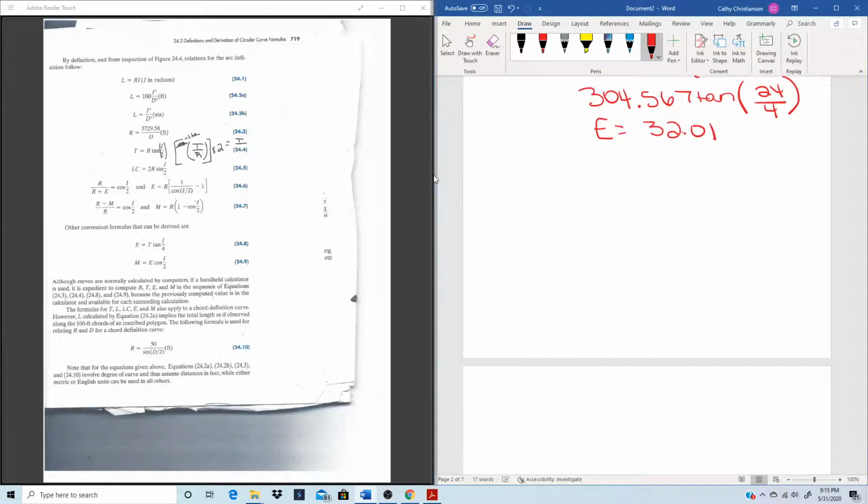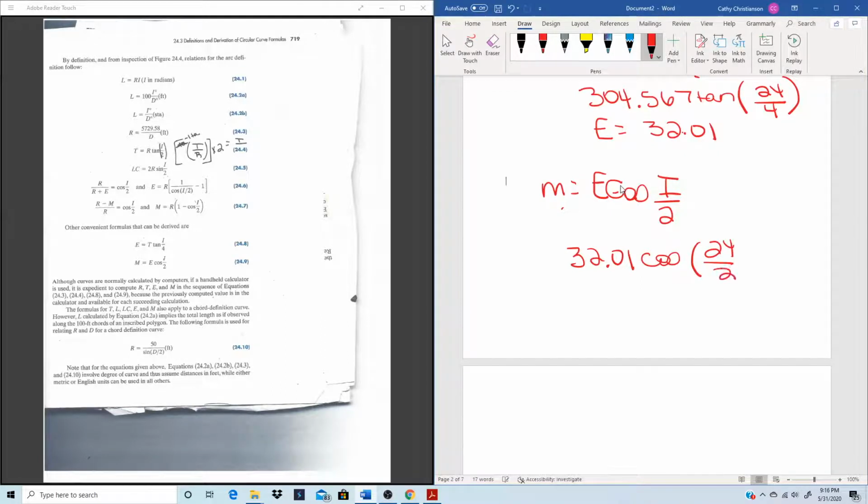And then I need to solve for M. M is E cosine of I over 2, and E is 32.01, cosine of 24 divided by 2.